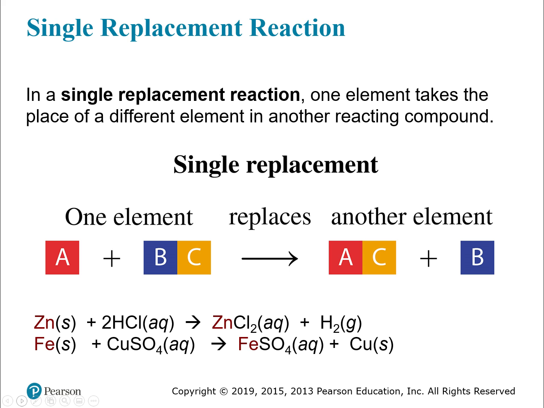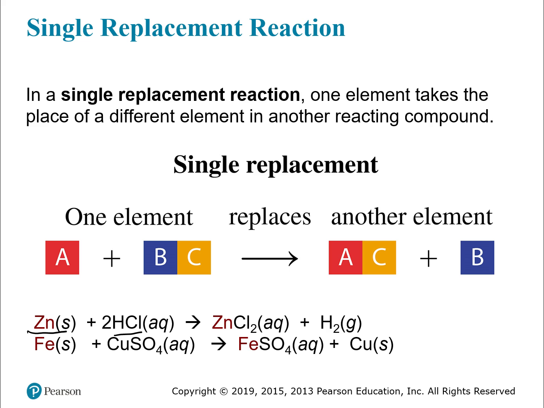The next type of reaction we'll talk about is called a single replacement reaction. In here you have one element swapping in for a different element in a reacting compound. So let's say that you had a strip of zinc. That's a solid. And you dip it into a beaker that has hydrochloric acid.